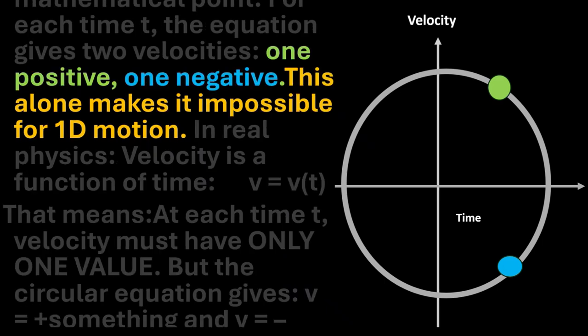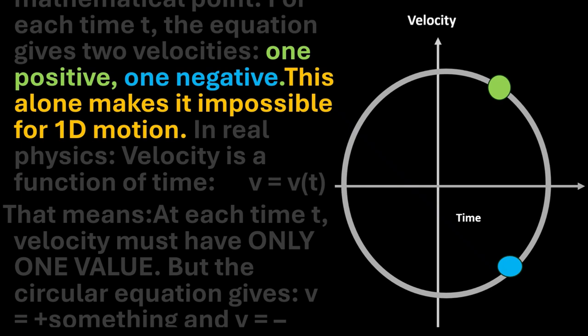Because at one instant of time, it is physically impossible to get two values of velocity, one being positive and the other being negative. If I were to draw a line here like this, it means that at this instant of time, the same object has a positive velocity and a negative velocity as well. So that's not practically possible, right?